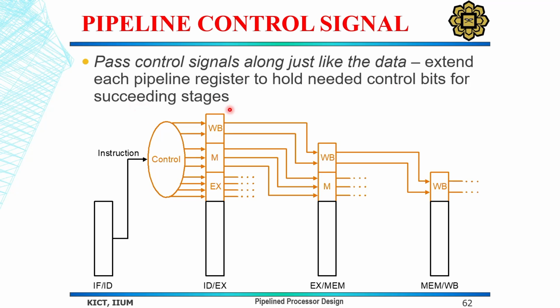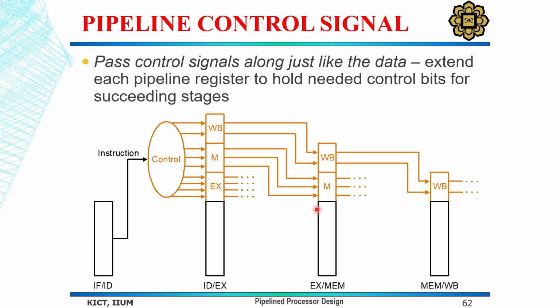It means that the pipeline registers do not hold only the data and instruction. They also hold the control signals, because for any processing it is very important to know what the values of the different controls are which are required at that particular stage.